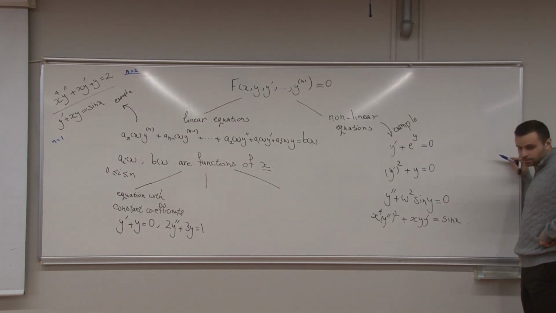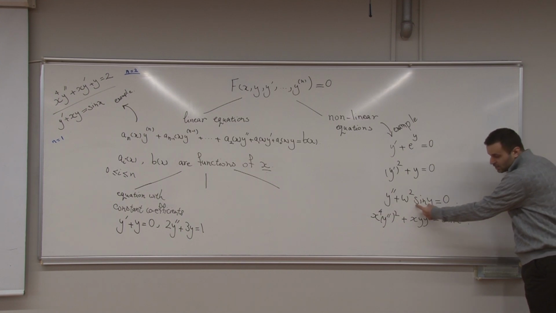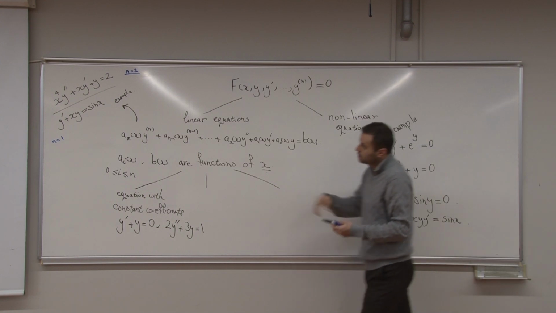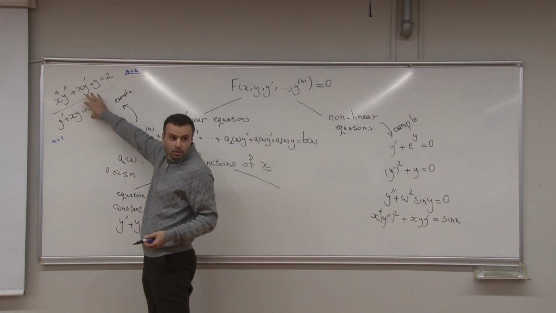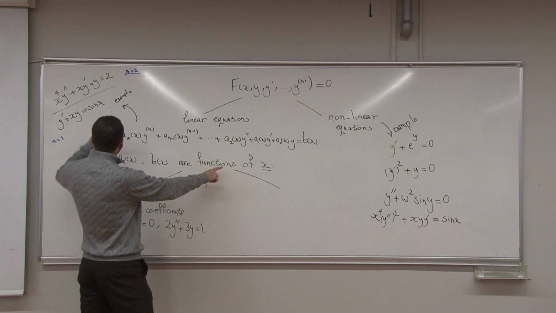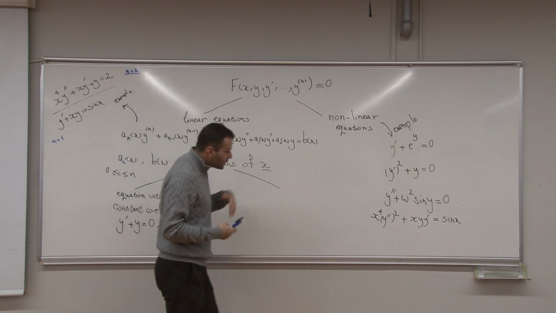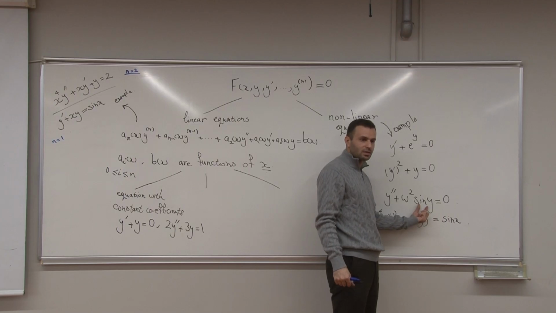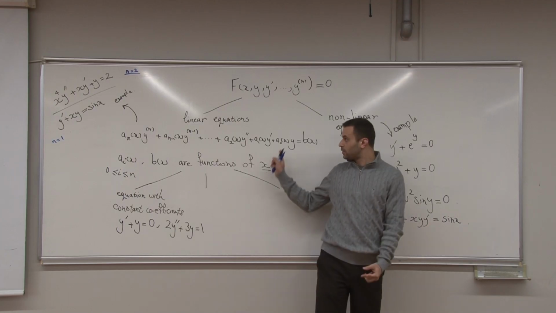Why is it not linear? Because you have sine of y. If sine of x is coming like this, then we have no problem with it, as long as they are functions of x. Okay? But when it is turning into a function of y, then this is introducing a nonlinearity in the form of our equation.